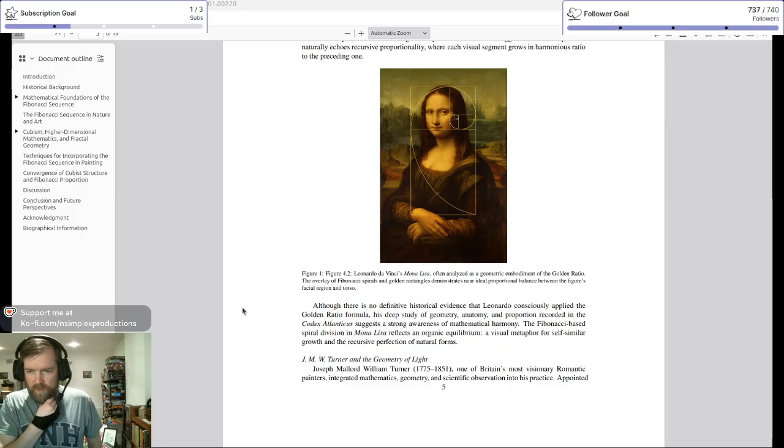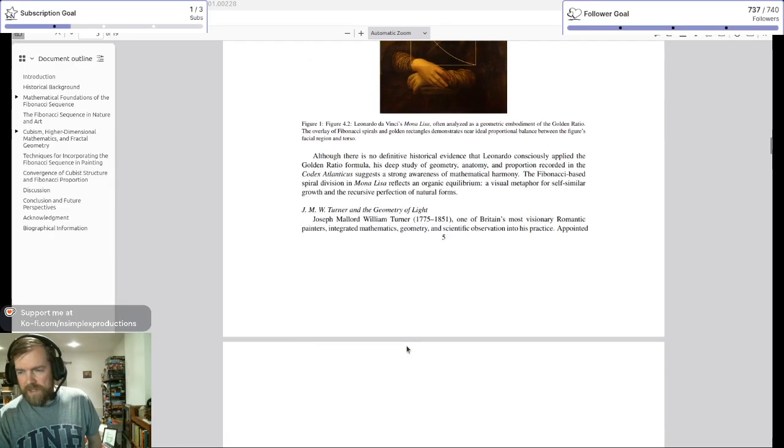Joseph Mallord William Turner, 1775 to 1851, one of Britain's most visionary romantic painters, integrated mathematics, geometry, and scientific observation into his practice.